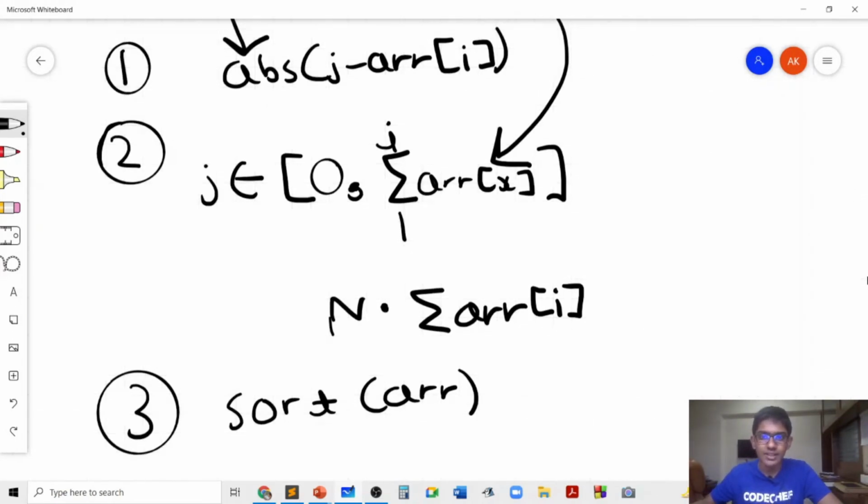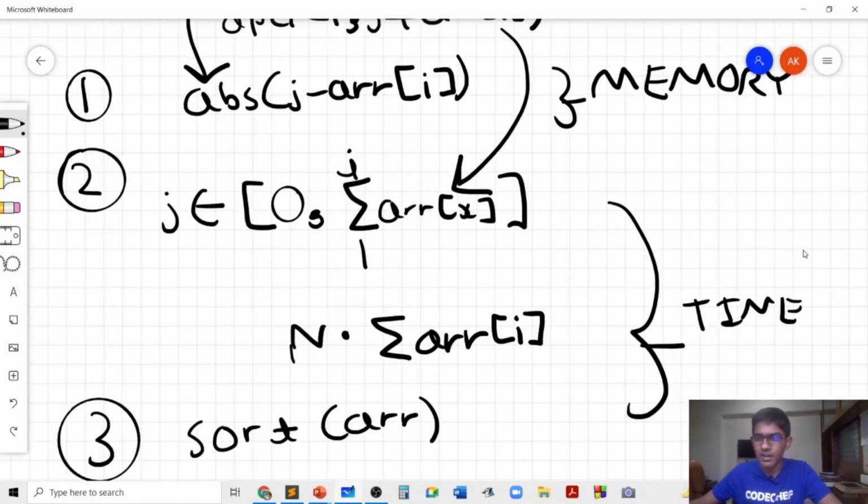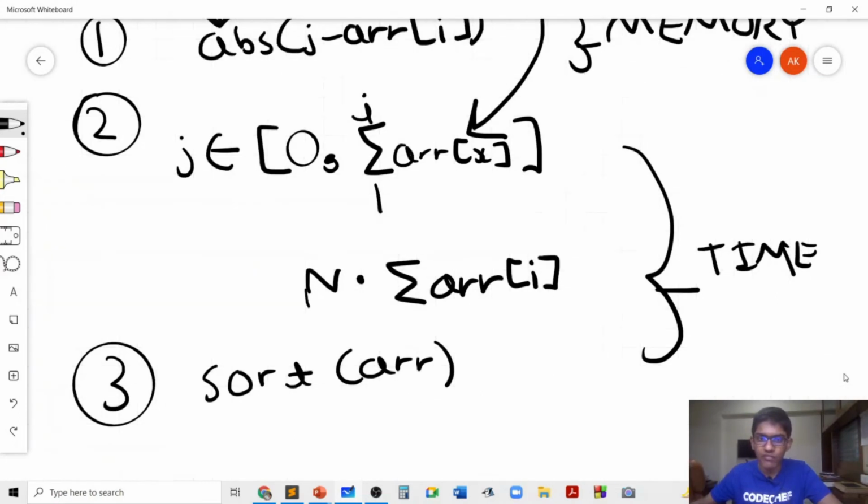And these two time optimizations are actually to pass the time limit, and this one is to pass the memory limit, otherwise we have negative indices. So this memory limit optimization is obviously necessary, otherwise we won't pass any test cases. And this time optimization is necessary because I actually submitted a code without one of the optimizations.